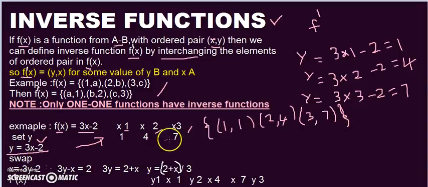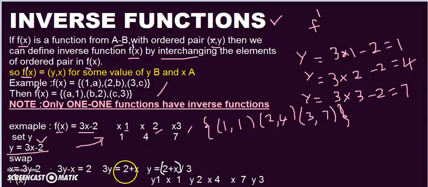Now, for converting this, I need to follow one step. The first step is to swap the elements. This is my function; you have to put y in place of x and x in place of y. So x is equal to 3y minus 2. Now if the 2 comes to this side, it is minus x is equal to 2.